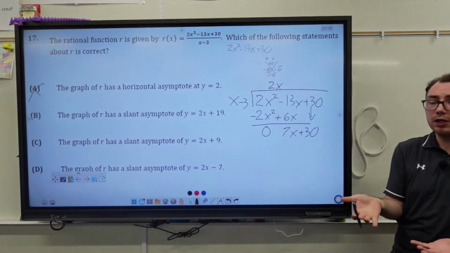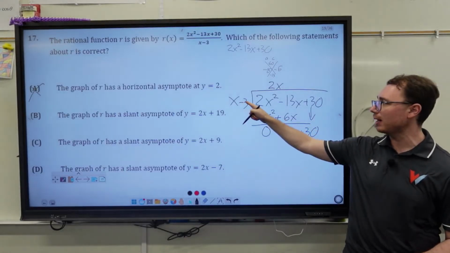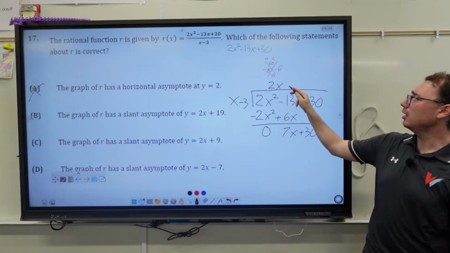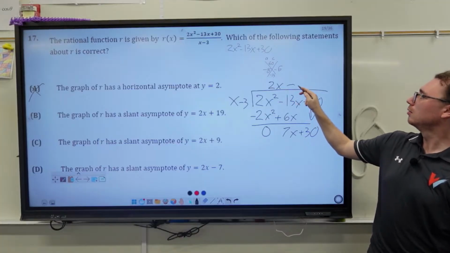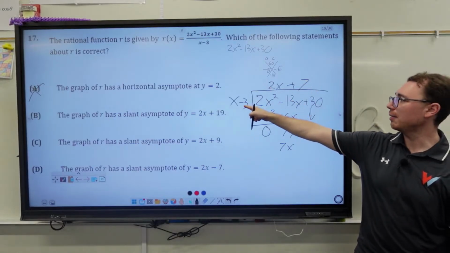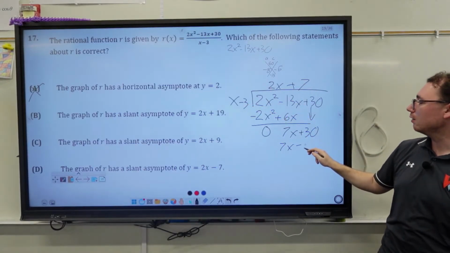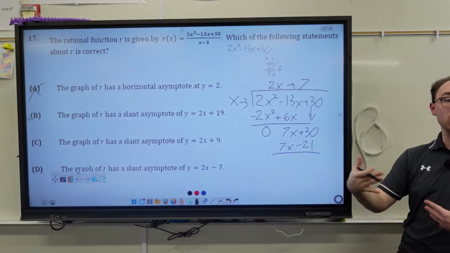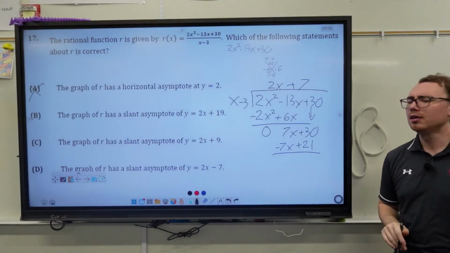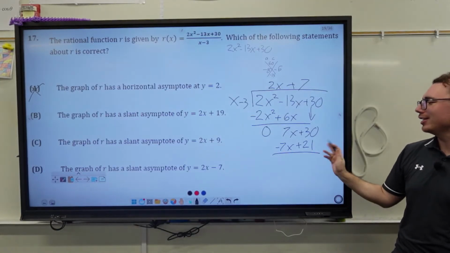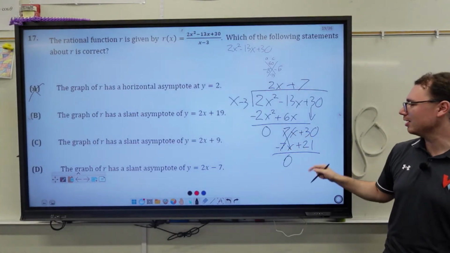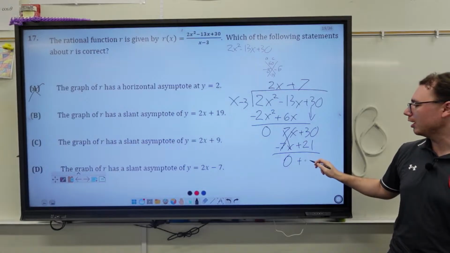And now I just need to figure out what I multiply to x minus 3 to get that value. Well, what I need to multiply is plus 7. 7 times x gives me 7x. 7 times negative 3 gives me negative 21. Now I change the polarity of everything. 7x minus 7x cancels out to give me 0. And then we have a remainder of plus 51.